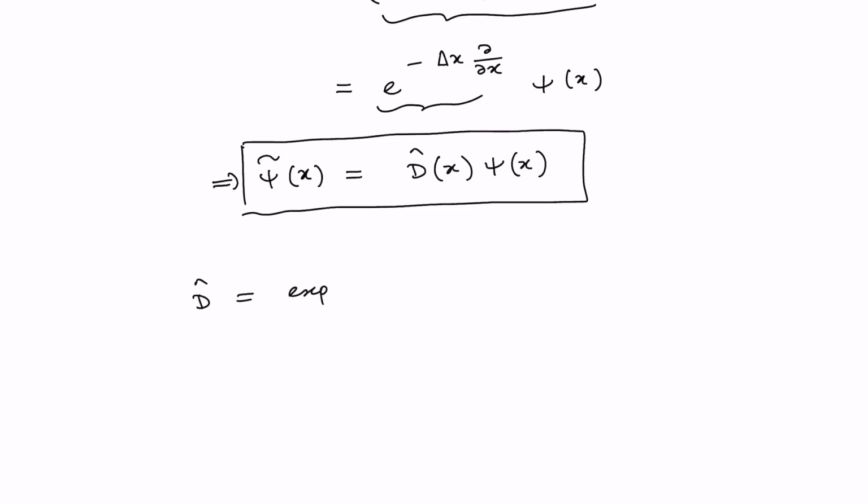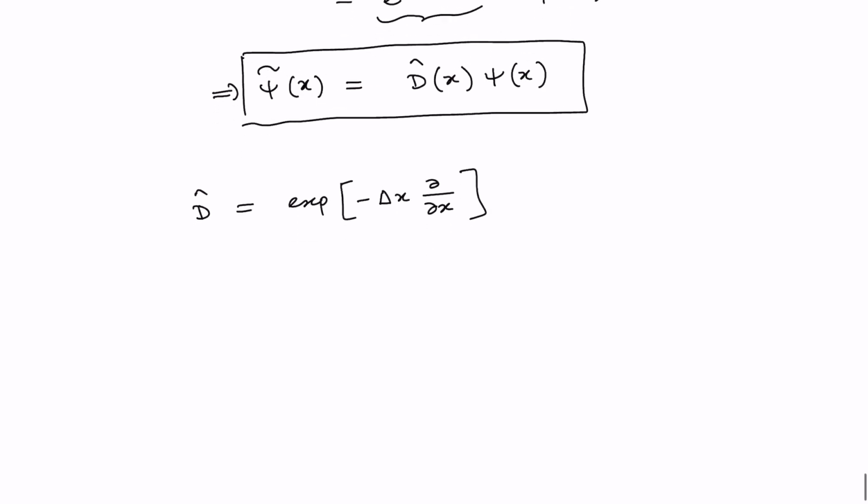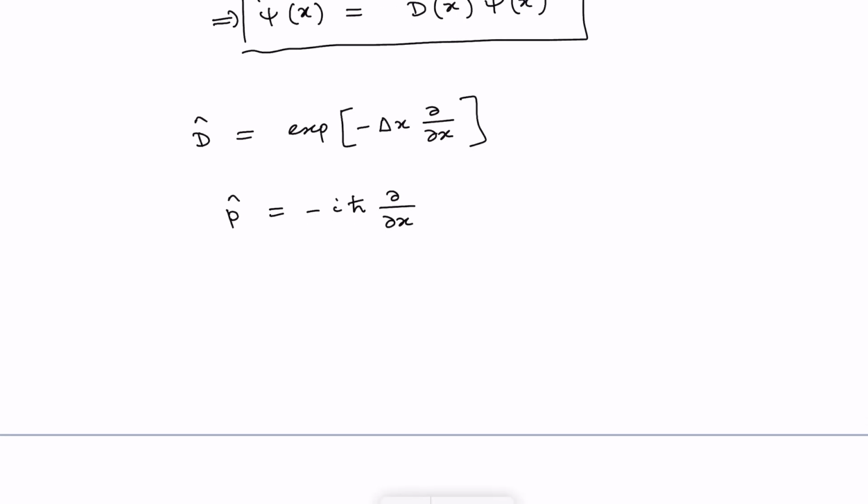I have exponential minus Δx d/dx here, and we know that the momentum operator p I can write as minus i ħ d/dx. This will help me write the displacement operator e to the power minus Δx d/dx in terms of the momentum operator as e to the power p by i ħ times Δx.